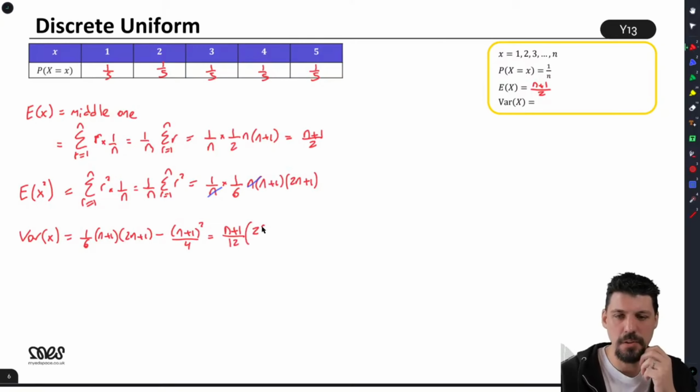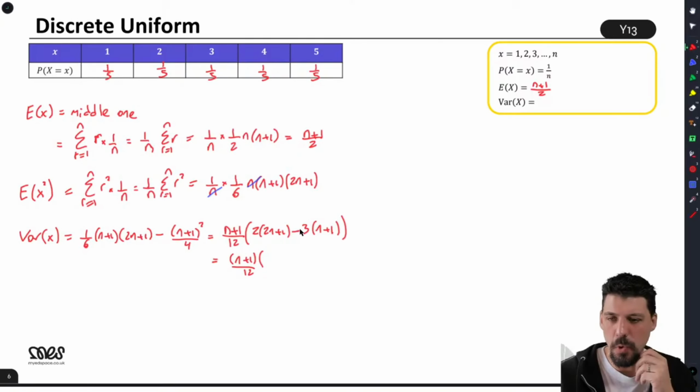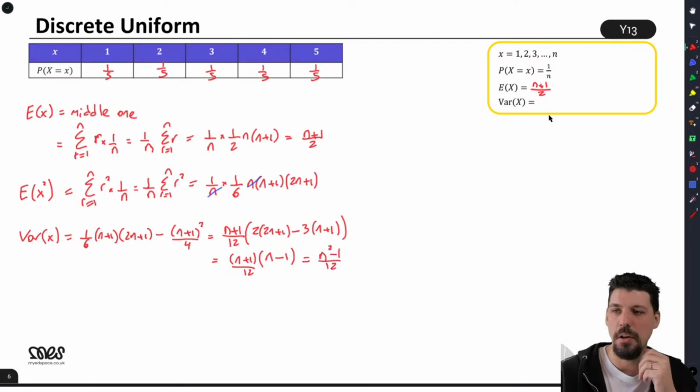Now I'm left with 2 times 2n plus 1 minus 3 times n plus 1. That is n plus 1 over 12 times 4n minus 3n, which is n, and 2 minus 3, which is minus 1. So in fact, var of x is n squared minus 1 over 12.